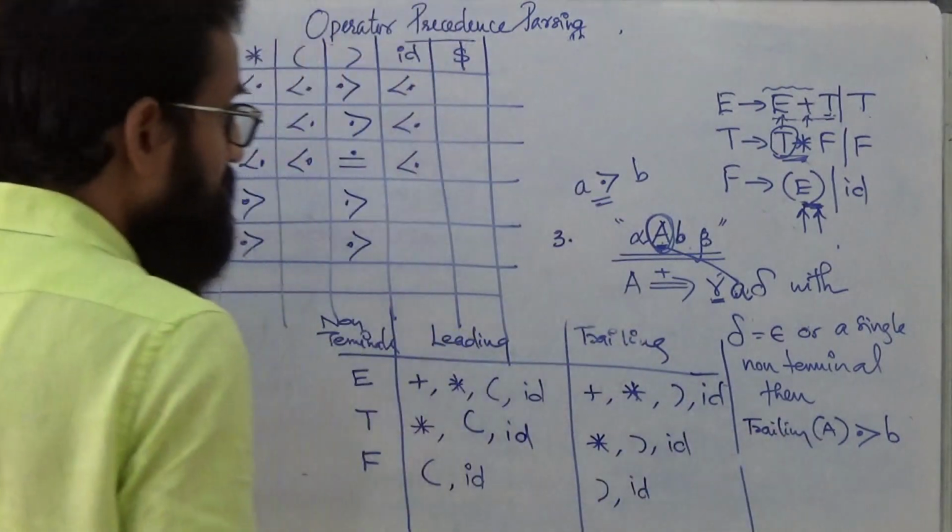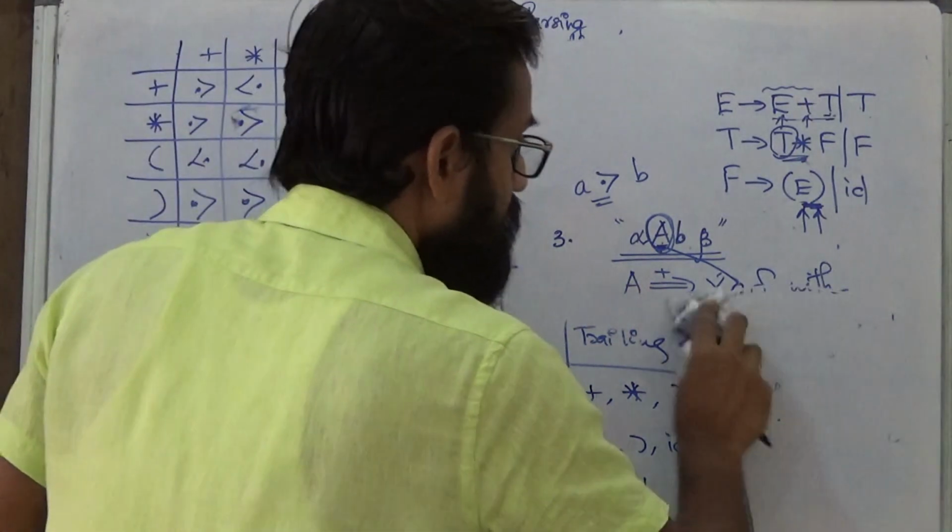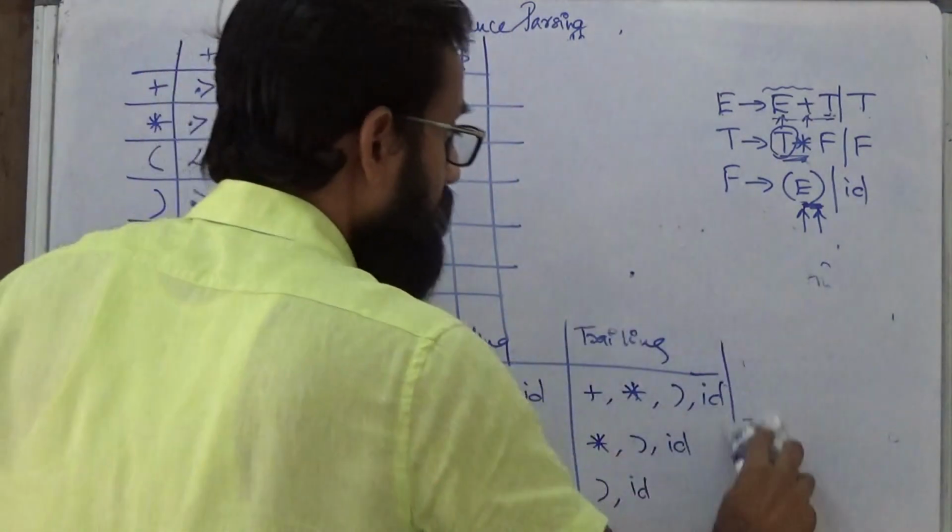So we have established equal precedence relation, lesser precedence relation and greater precedence relation. Now you have to address dollar.